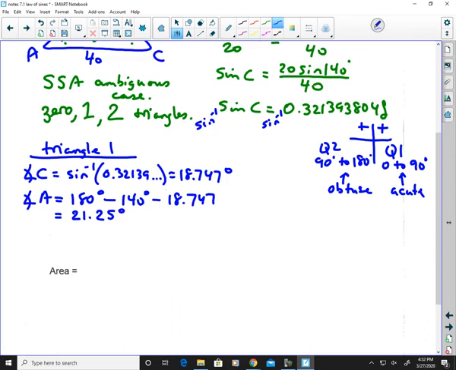Now I need to look at side A. That's going to be across from A. So side A over the sine of A will be equal to, and because I know everything about B, I'm going to use B, 40 over sine of 140. This B 40 to sine of 140 relationship will be true throughout this particular triangle. Oh, and I could have put what A is in.